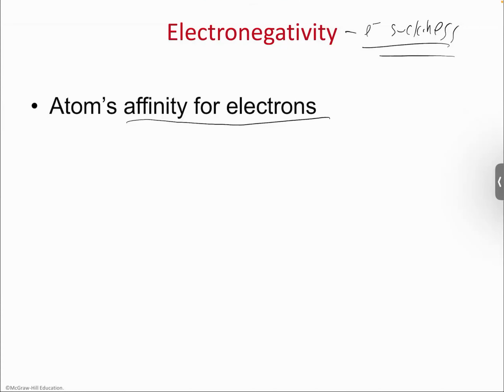Well, it's very easy. If you draw a periodic table, so there's my periodic table, electronegativity increases going up and over. So if we have two atoms in bond with each other, then depending on what their electronegativities are, one may have a stronger sucking effect on the electron cloud than the other.